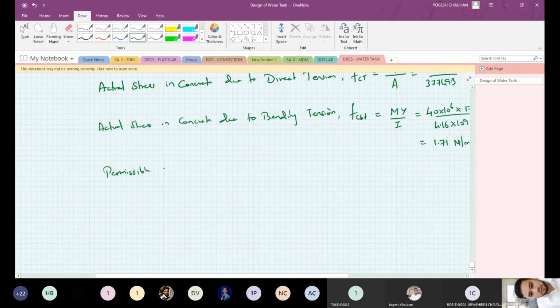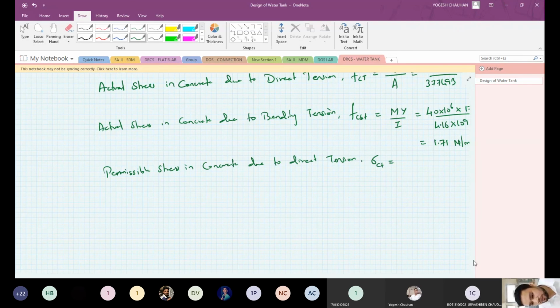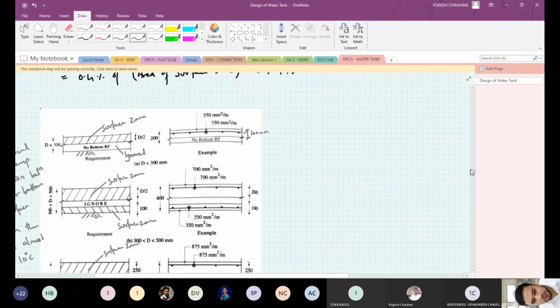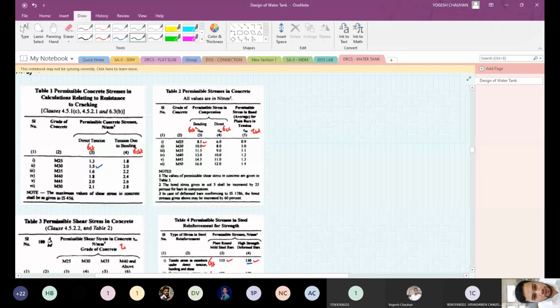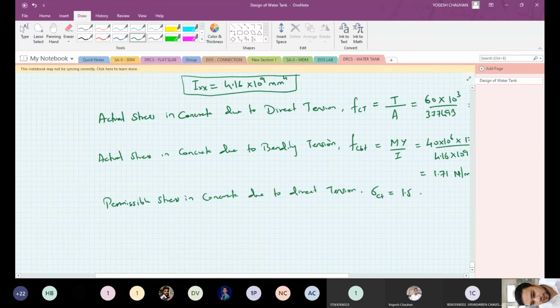Okay, and the permissible stress in concrete due to direct tension, that is sigma CT, if you remember the table, sigma CT for M30 grade is 1.5 Newton per mm square.